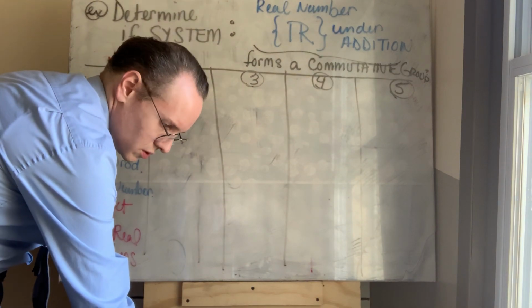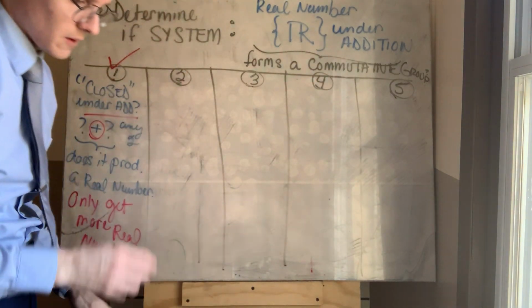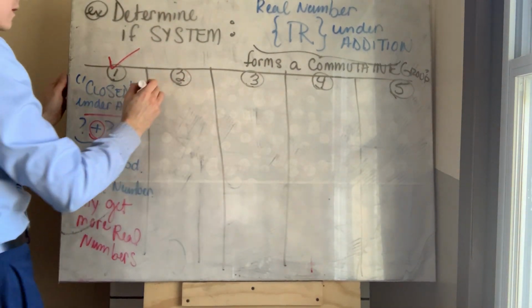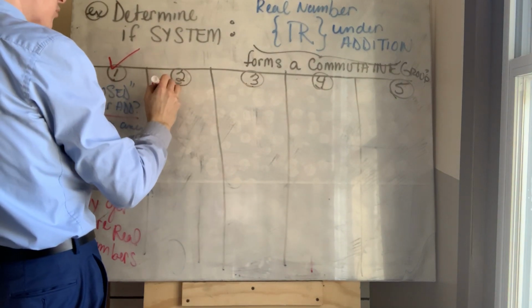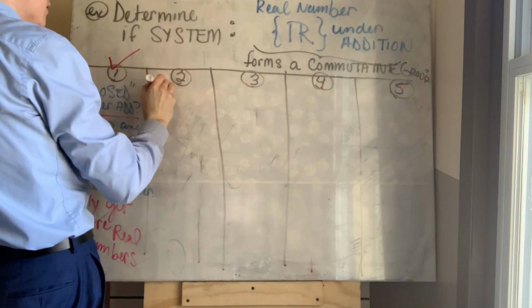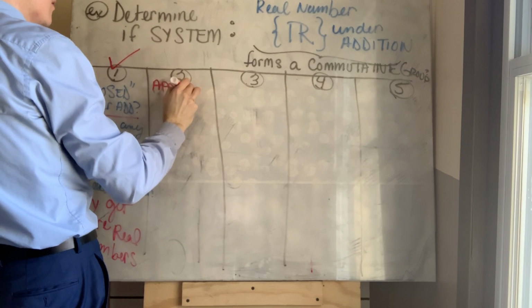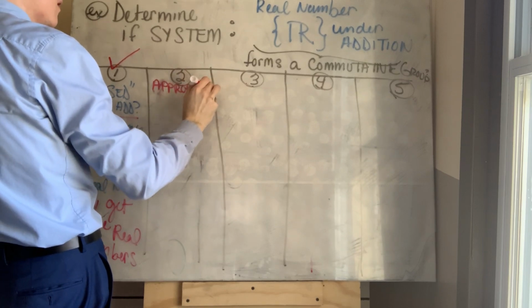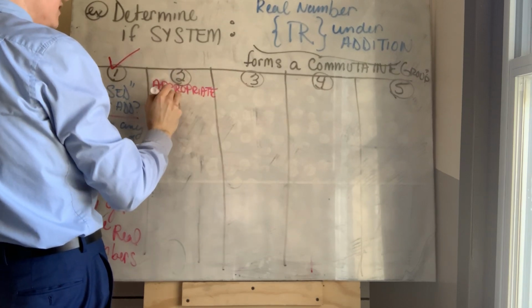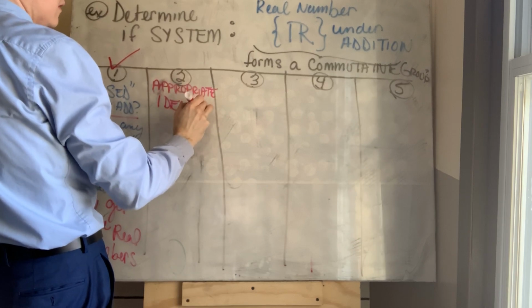Number 2. Does it have the appropriate identity element, this list?